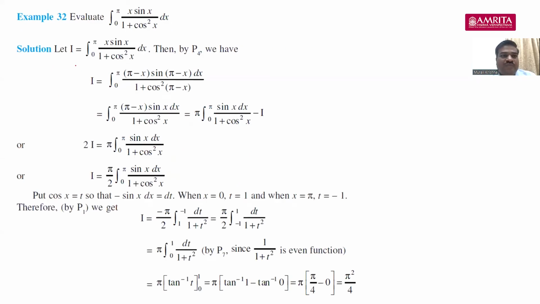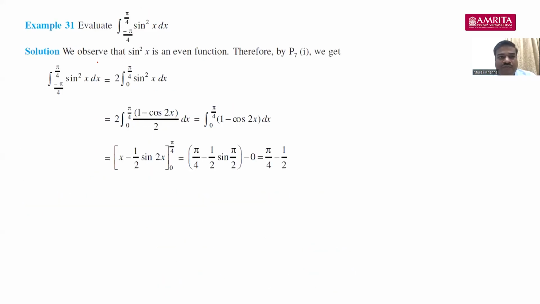And this problem comes under 0 to pi, x sin x by 1 plus cos square x. I could understand from the textbook that whenever you see x terms with sin x, cos x terms, and limits like 0 to pi by 2 or 0 to pi, you can remember that this problem comes under the category of P4.